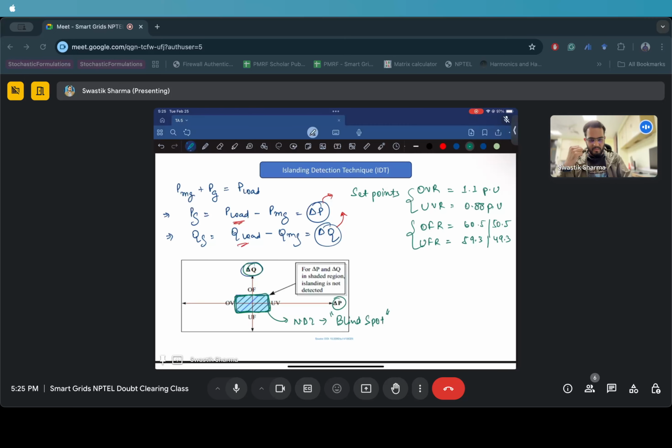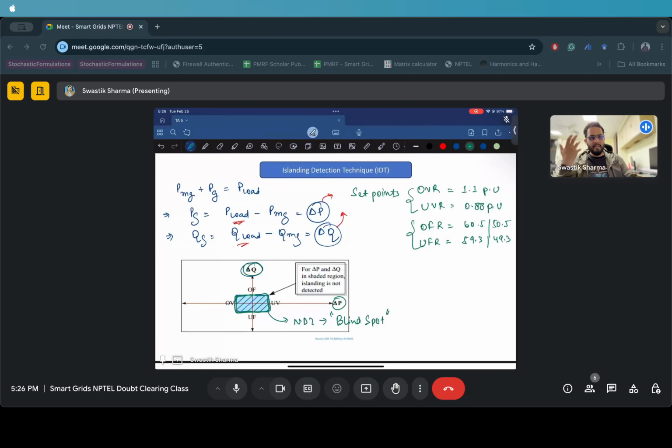It cannot be completely eliminated. Research is still going on, but researchers say it cannot be reduced to zero, right? Sorry, to a very small region. So there is always some non-detection zone, and if that is the case, we want our IDT, or islanding detection technique, to be certain that this is very minimized, right?